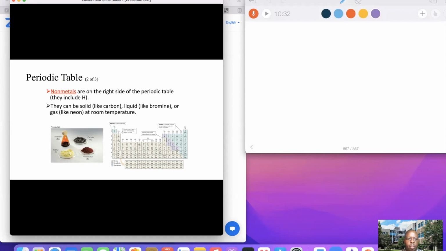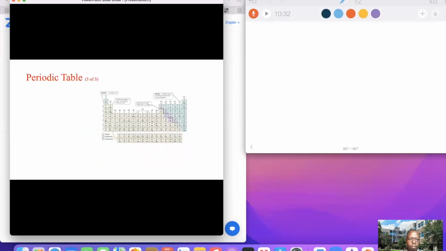They can be solid, liquid, for example bromine, or gas, neon. Those are just non-metals. Metalloids or semi-metals are those which go in between the non-metals and the metals on that place.